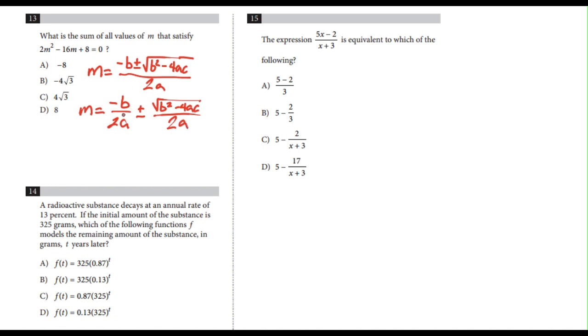Notice that one of the solutions will be the first fraction plus the second fraction. The other solution will be the first fraction minus the second fraction. So when we combine those two, the positive version of this second fraction and the negative version of this second fraction are going to cancel each other out.